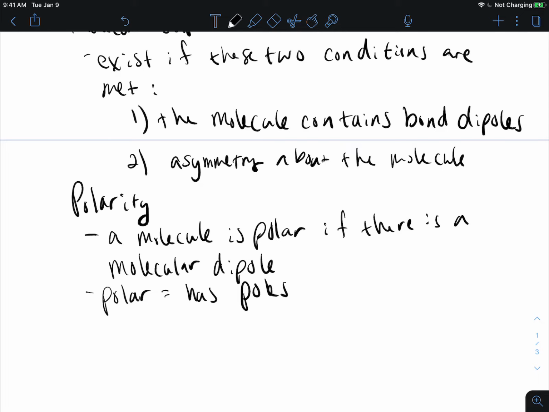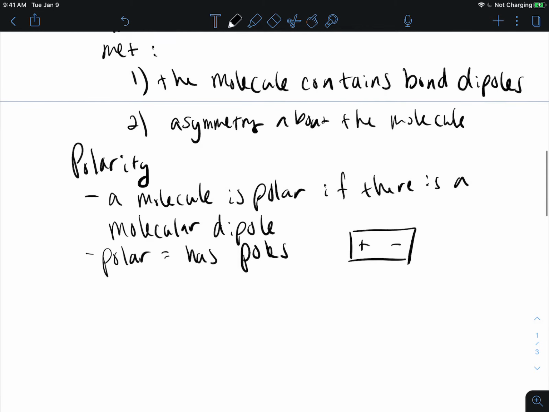We can think about this kind of like a magnet. A magnet has a positive pole and a negative pole. That is the same thing that a molecule that is polar has. It has an area of positive, an area of negative. So part of the molecule is positive, part of the molecule is negative, and it's partial charges, right? So we're talking about molecules. We're not really talking about ions in this case.